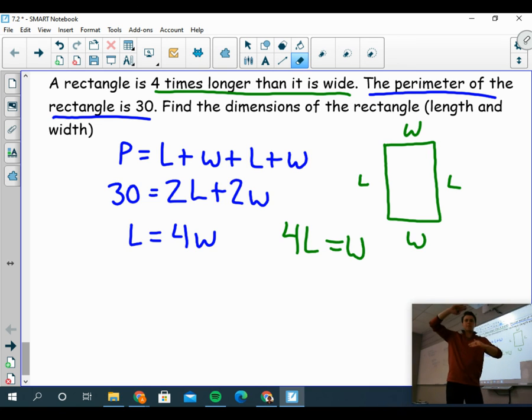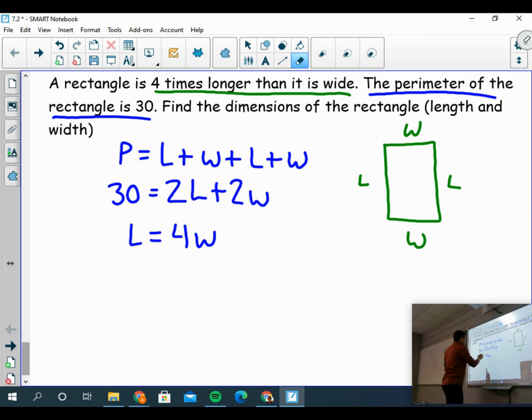If you do 4L times W, what you're saying is for these to be equal, I'm going to take the bigger quantity and multiply it by 4, but that's not going to make them equal. That's going to make the length even bigger. And that's not what we want. Because we want to write an equation, we need the length and the width in an equal partnership. How do we get them there without compromising the integrity and just ignoring the fact that the length is bigger? We need to multiply the width by 4.